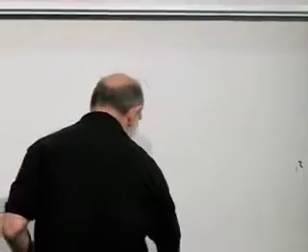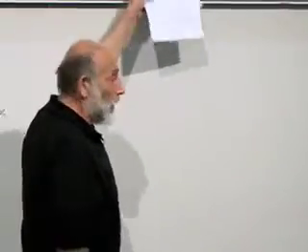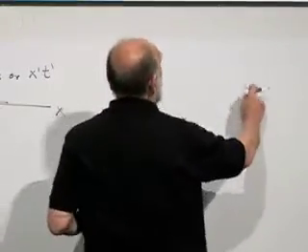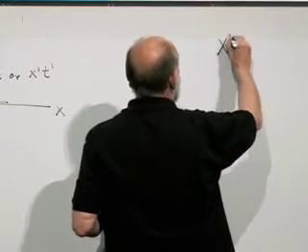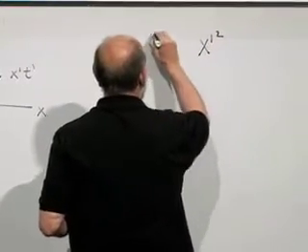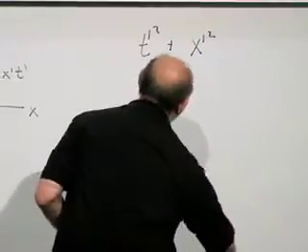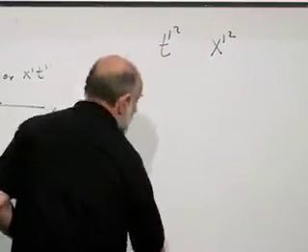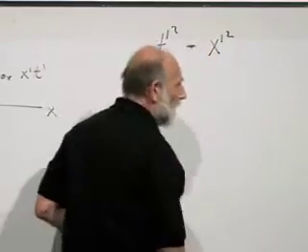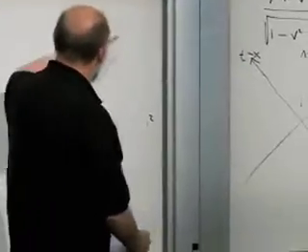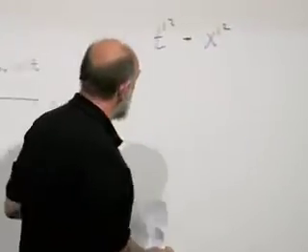Let's take the point x, t, which could also be labeled by the prime coordinates, and work out the quantity t prime squared minus x prime squared. Not t prime squared plus x prime squared, but minus. A little bit of a glitch on what we would do if we were just rotating coordinates.